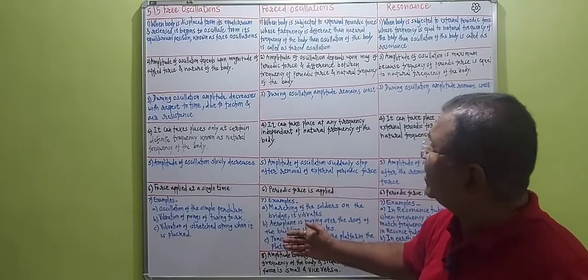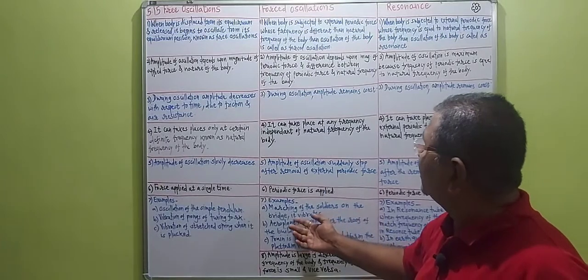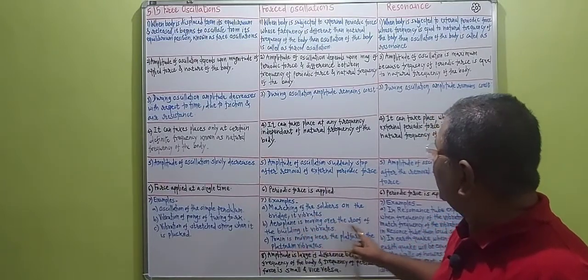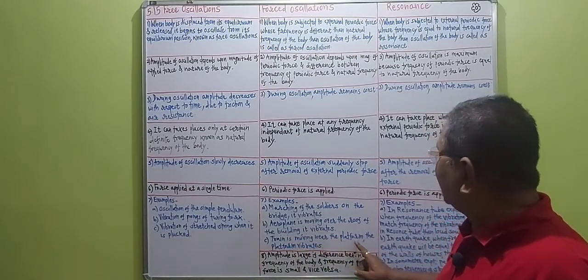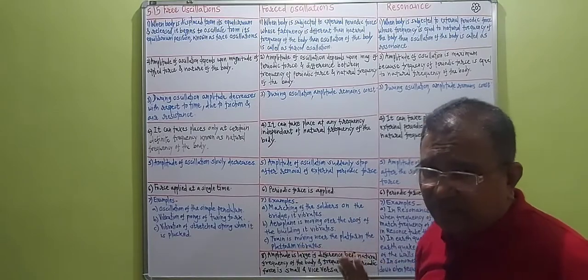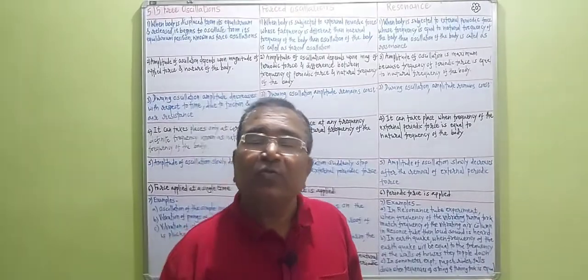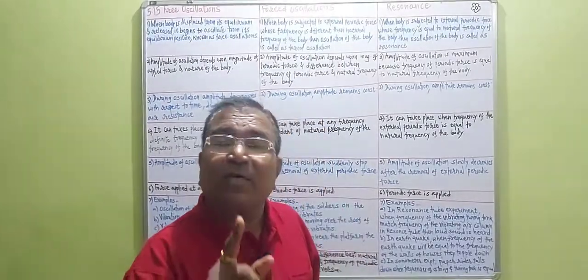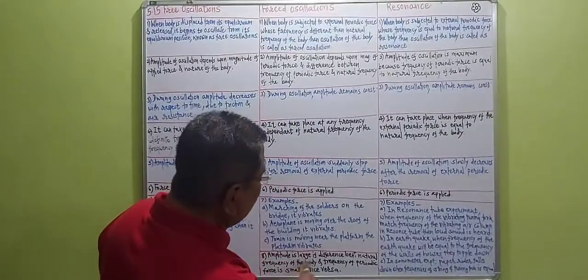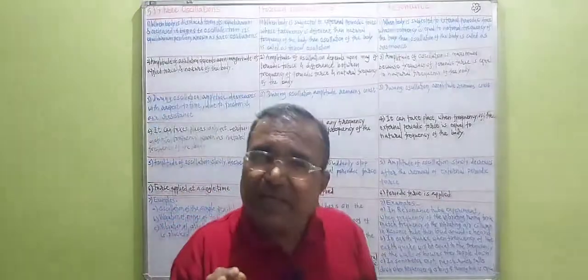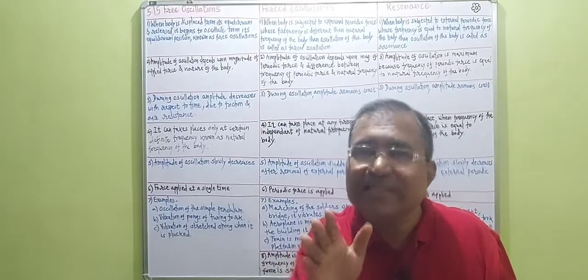I have already explained the examples: marching of soldiers on the bridge makes it vibrate, an aeroplane moving over the roof of a building makes it vibrate, a train moving near the platform makes it vibrate. As far as MCQs are concerned, you should always remember one sentence about forced vibration: amplitude is large if the difference between the natural frequency and the frequency of the periodic force is less.